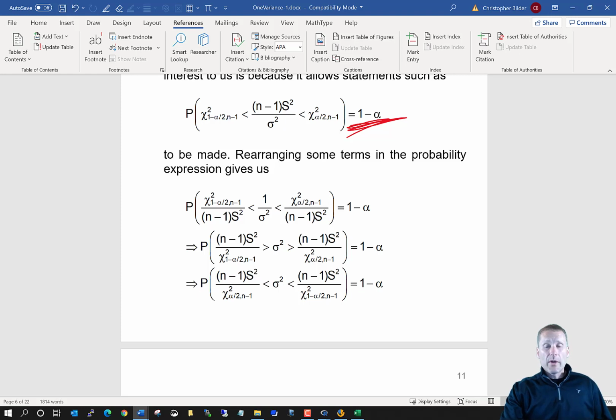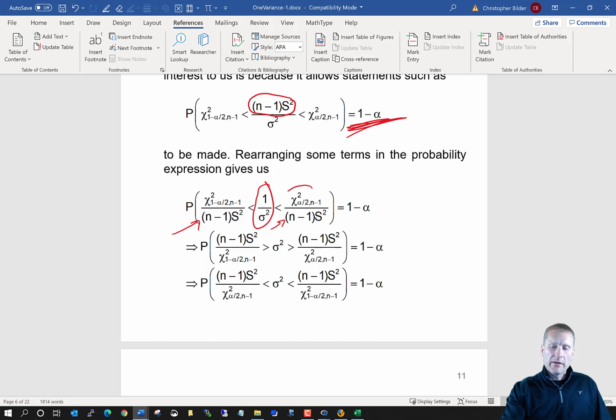So let's rearrange some terms. What I'm going to do is divide all three components of this inequality by n minus 1 times S squared. Then let's flip what's in the middle. So instead of 1 over sigma squared, now I want just sigma squared.